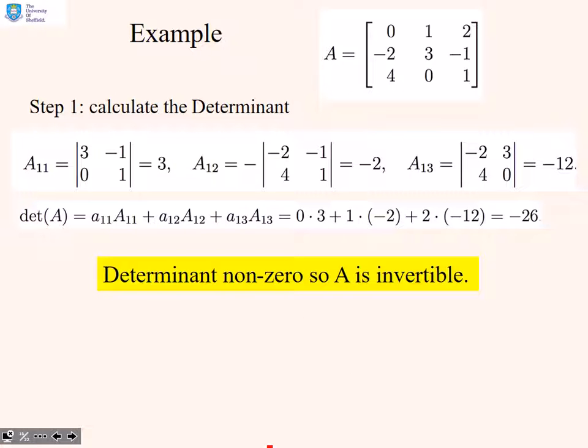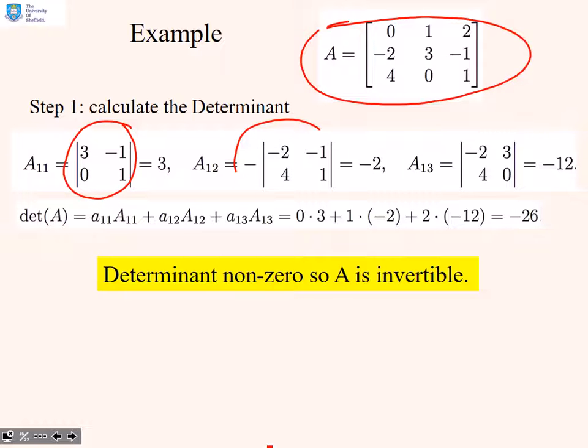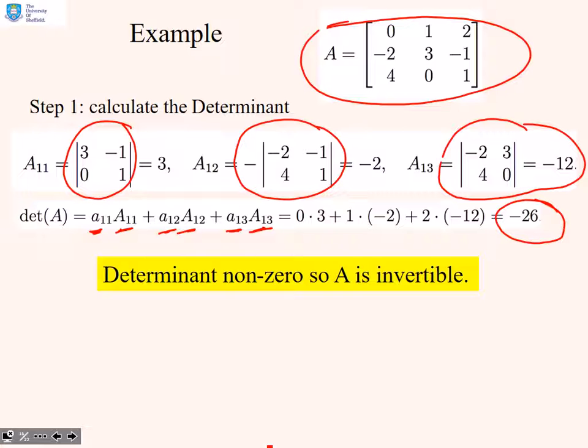Here's an example then. Here's my A matrix at the top. The first thing I'm going to do is calculate the determinant. I've done this by finding the cofactor A11, the cofactor A12, the cofactor A13, and then I've used my formula: little a11 times cofactor A11 plus little a12 times cofactor A12 plus little a13 times cofactor A13, and I've found that the determinant is minus 26.